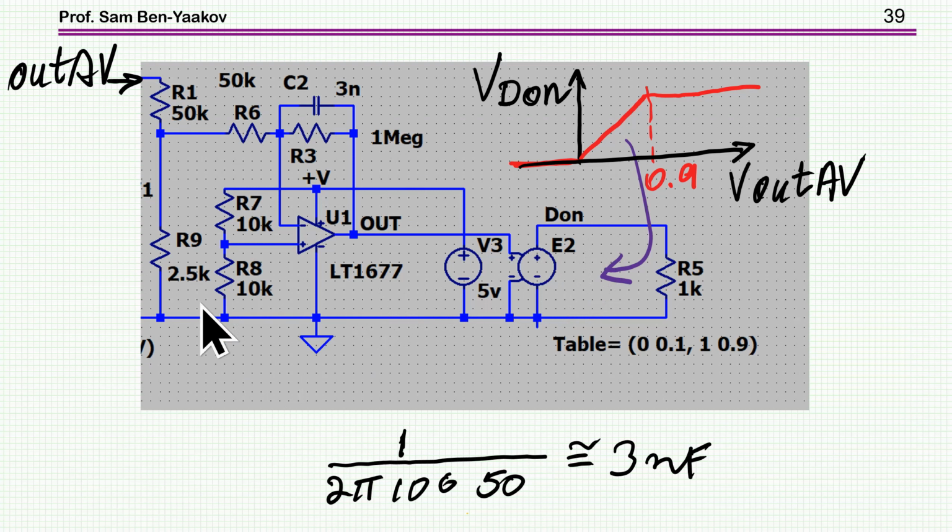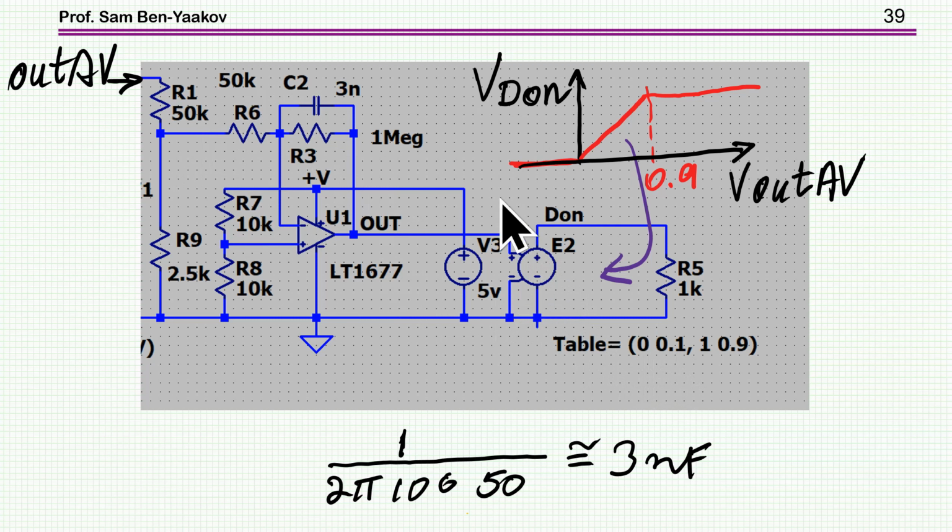Again, this is the divider, 2.5 volt. And then we have here the compensator. So I'll have a lag type of a system, but then I'm passing it through a clamp. This is now a clamp made by a behavioral source with a table that will limit the duty cycle.